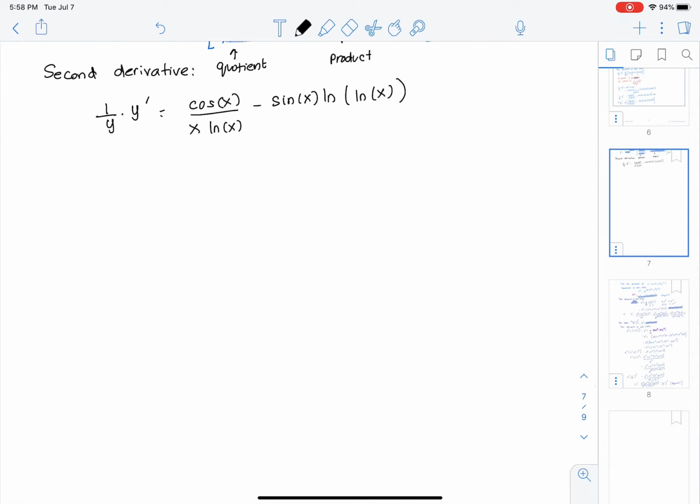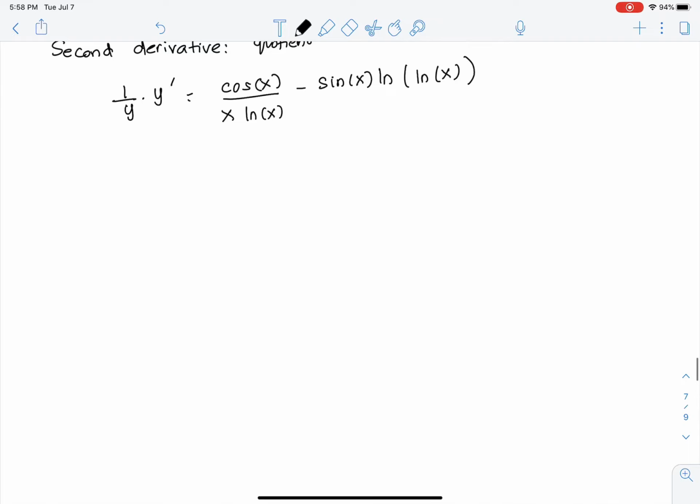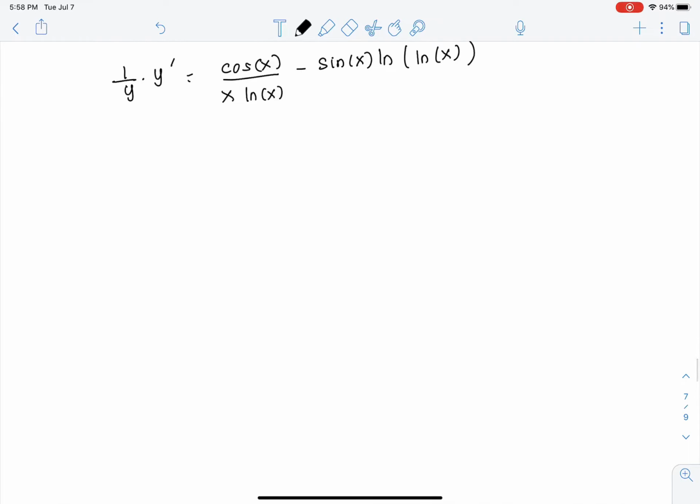So we have to take the derivative on both sides.